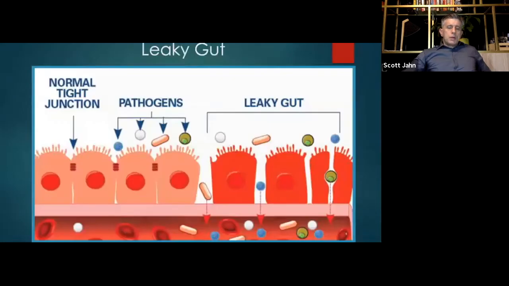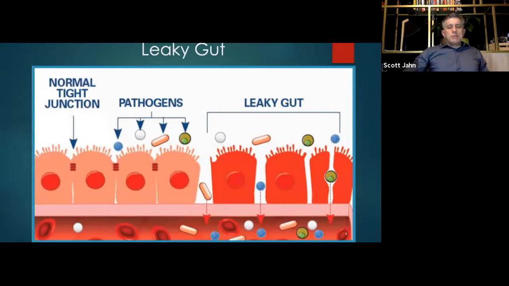So what can happen if we're getting irritation in this area? It can cause something called leaky gut. You have these normal tight junctions of the cells in the intestines, and they prevent pathogens like bacteria from getting into the bloodstream.